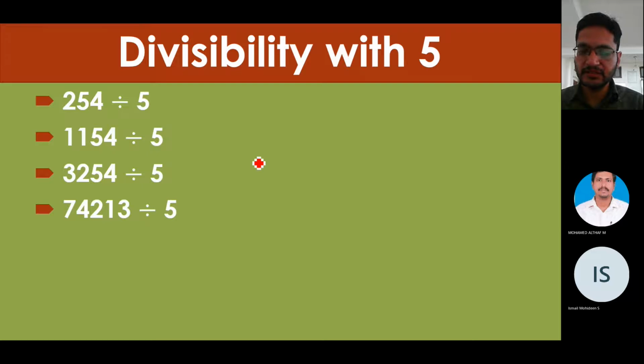Some more examples. 254 divided by 5. In the first step we will multiply 254 by 2. It is 508. Now we will divide this 508 by 10. It is 50.8.